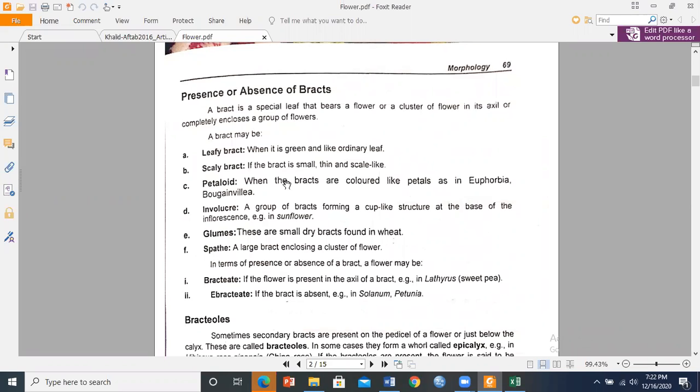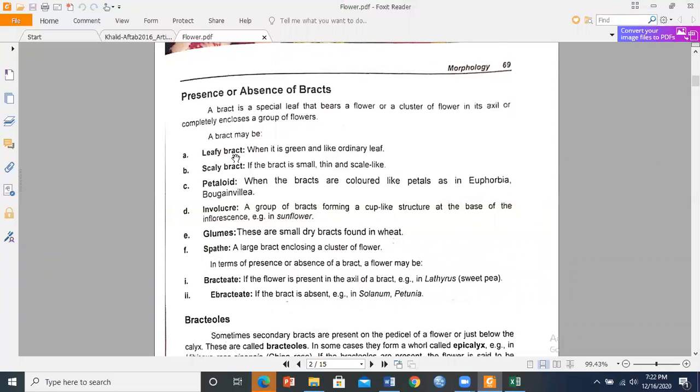It can be present in a single form or it can be formed a group and enclose a flower. A bract may be leafy. Bract is actually a small outgrowth at the start of the flower.